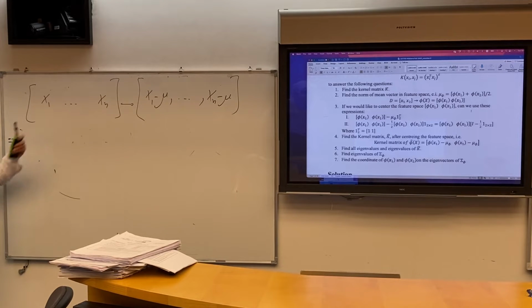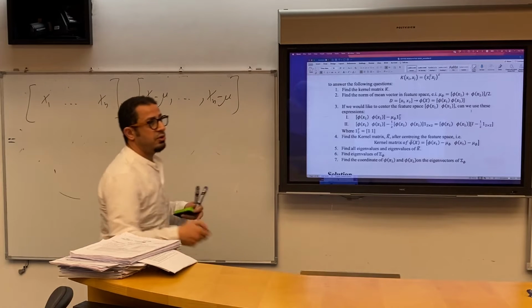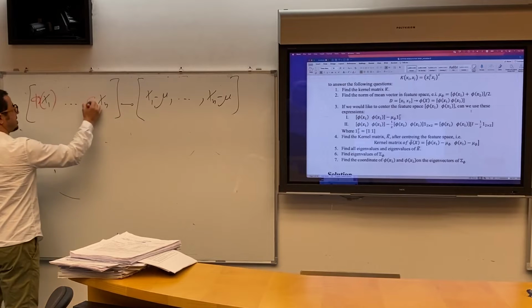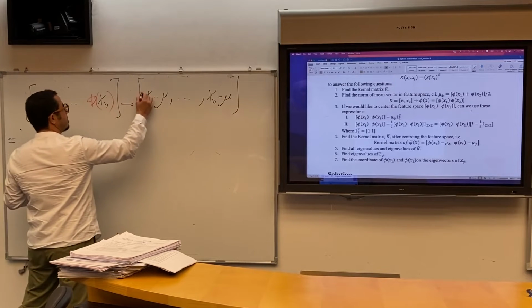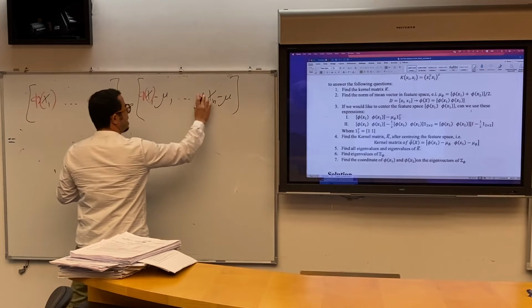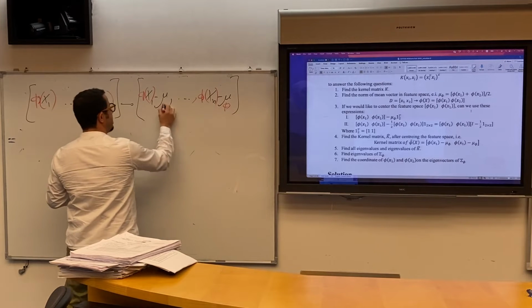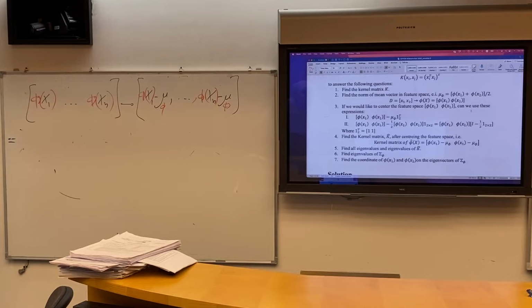Here I put x, right? I can put, doesn't matter, I can change it to kernel space, right? I can put phi, right? Doesn't matter, same thing, just features. And it became the mean of the new space. Okay? How to kernel this one here, please?